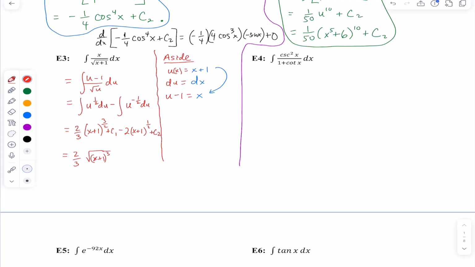Typically, if you begin with a radical, we can actually finish our answer with a radical. Once again, I'll leave it up to you to check your answer by differentiating your family of antiderivatives.